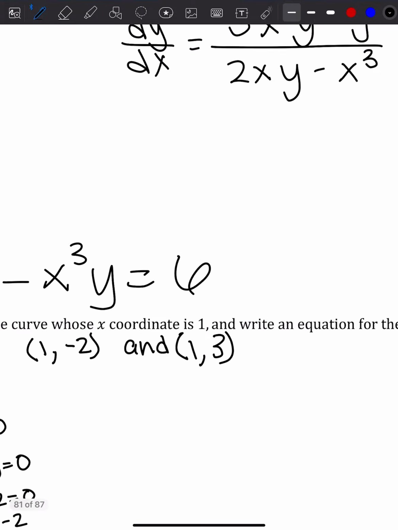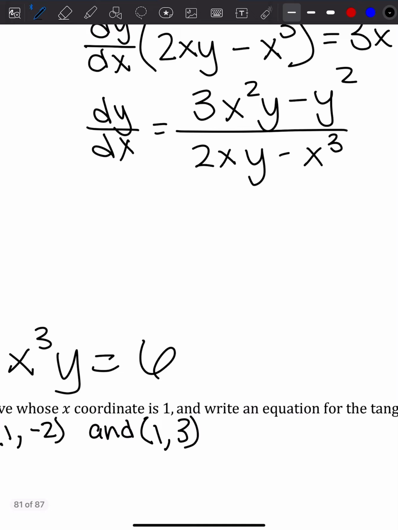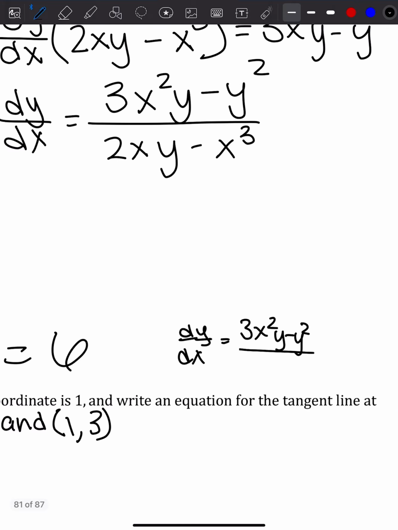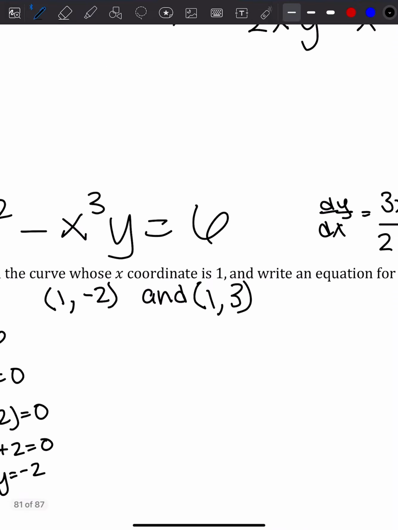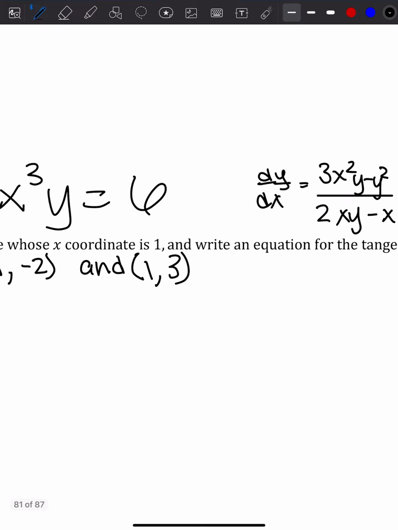We already have the equation for our derivative, dy over dx equals 3x squared y minus y squared divided by 2xy minus x cubed. So we're going to take these two points and separate them. We need two equations in the end.